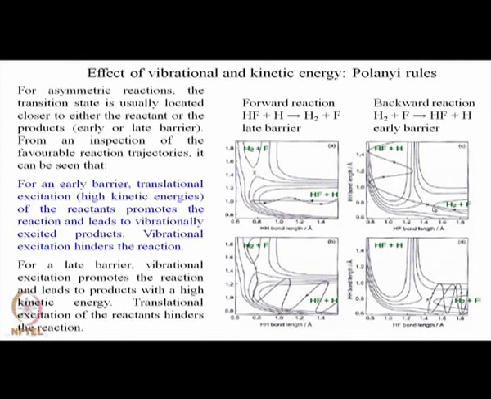This is the case where the reaction will proceed, and this is the case of hindrance, where the reaction does not take place. The path is not like this; as shown, the path is basically coming back to its reactants. You see.